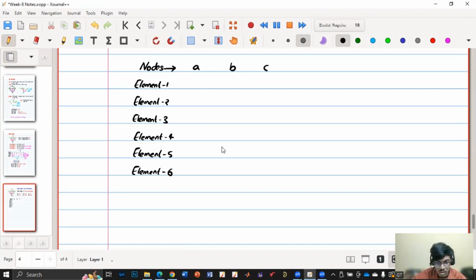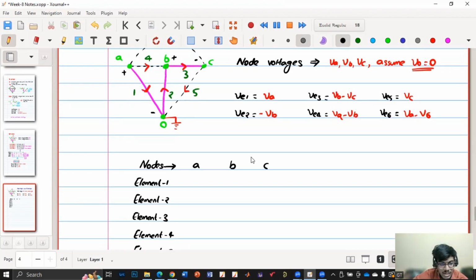Okay. So when we say element 1, it is VE1 in terms of VA, VB, VC. So here it is VA, so VA is 1, VB, VC is 0. This is done. And VE2 is minus VB, so 0, minus 1, 0. This is done. Now VB minus VC. This is done.